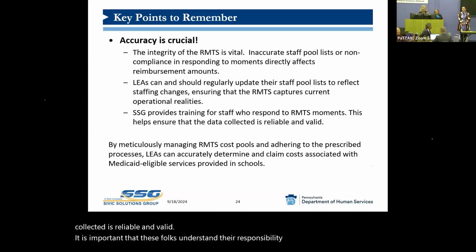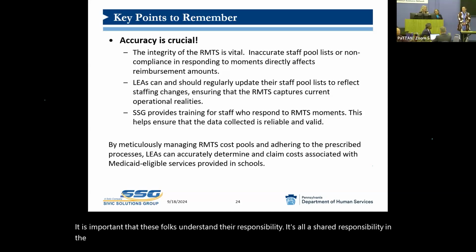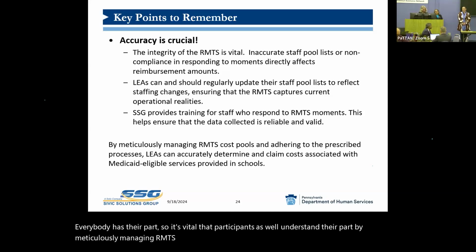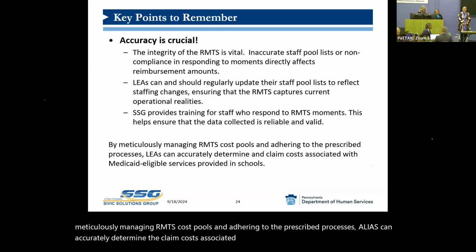It's all a shared responsibility in the SBAP program. Everybody has their part. So it's vital that participants as well understand their part. By meticulously managing RMTS cost pools and adhering to the prescribed processes, LEAs can accurately determine the claim costs associated with Medicaid-eligible services provided in your schools.